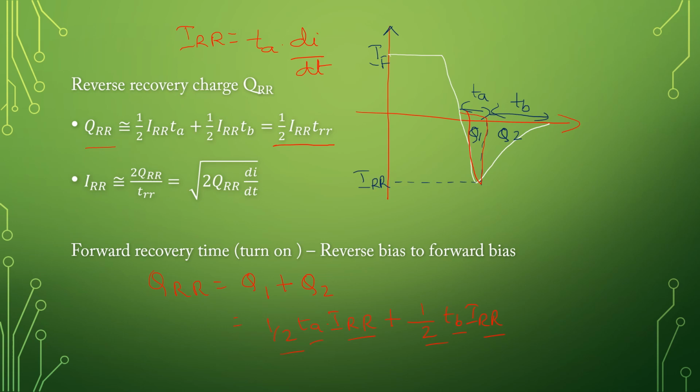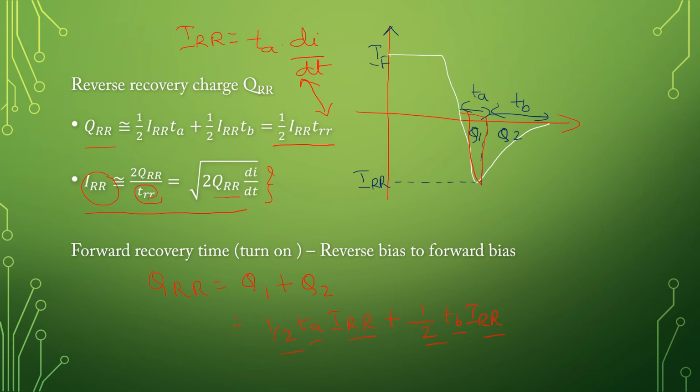So if we equate this with this one equation, we are going to get this final expression. What we can conclude is the reverse recovery time TRR and the peak reverse recovery current IRR depend upon the charge storage and the reverse di by dt.